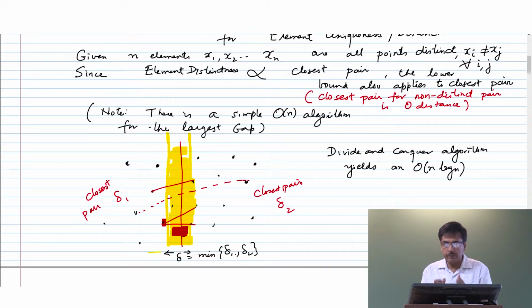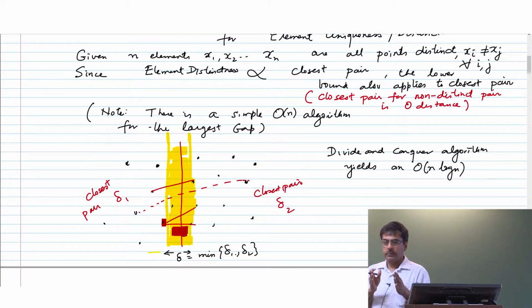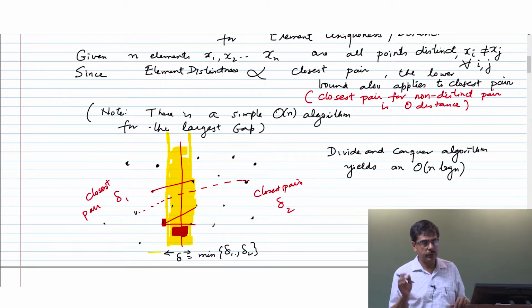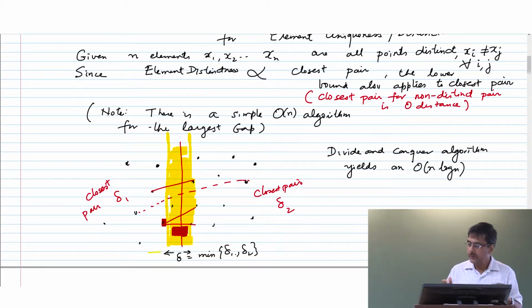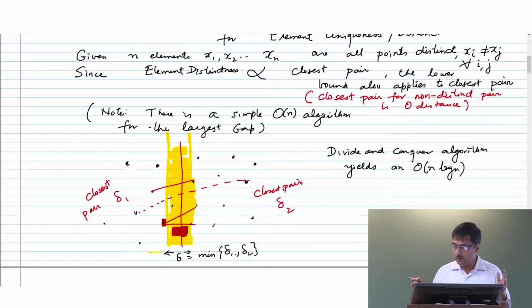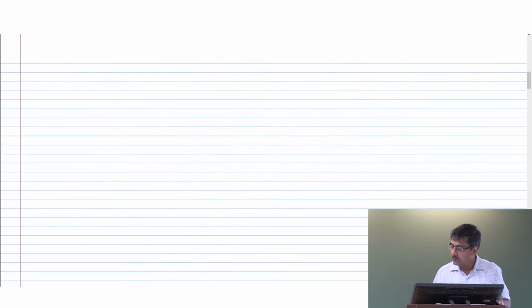So within that narrow slit you have to show how many points can occur, and with some argument you can show it's order n and you are done. Then you can do the merging. I am not going into further details. So this is one way of doing it, divide and conquer, a good application of divide and conquer to geometric algorithms, but we will do something which is conceptually much simpler. And that idea is the following.